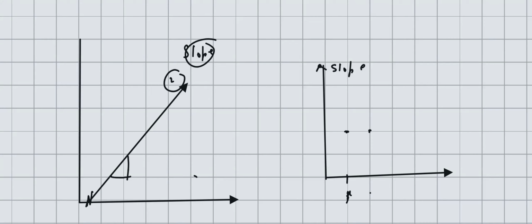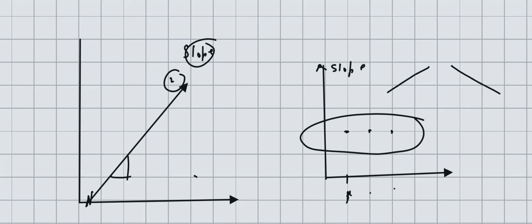At x equals three, my slope is again two. So you can see my slope is constant. What does this mean? If my slope is a constant value, it means whatever the equation is, it is either just increasing or just decreasing. Is that clear? It means my curve is just increasing at the same pace.